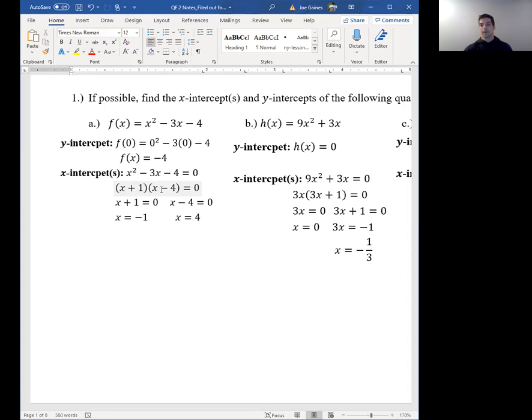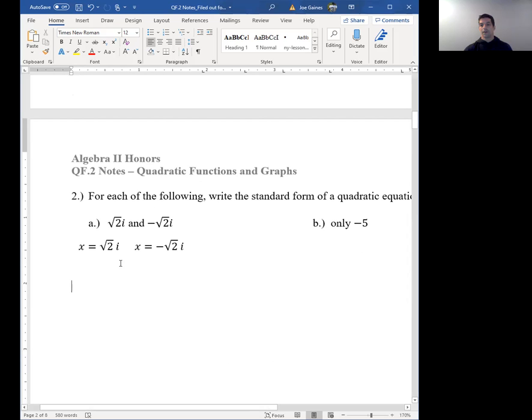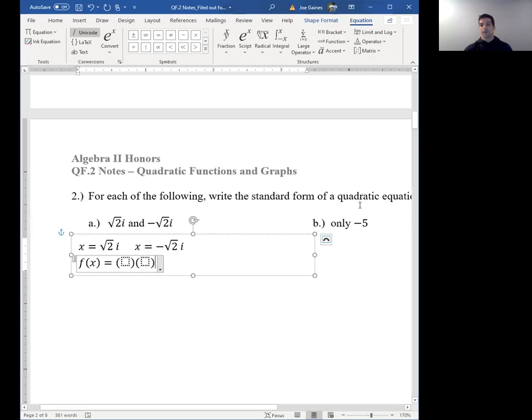We're going to go in reverse and we're going to multiply to end up getting us back to the standard form of the equation. So let's go ahead and do that with problem 2a. What I know again are my values for x are root 2i and negative root 2i. Let's call this function f of x. If I have two solutions, those two solutions come from two factors.